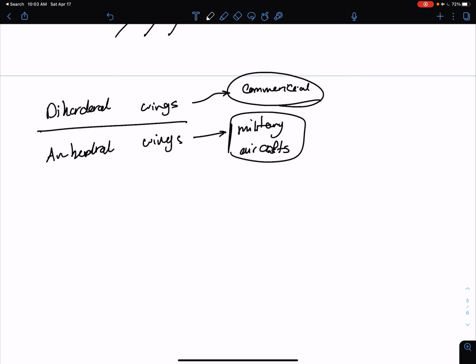The anhedral angle for commercial aircraft is usually not that big, but it is there, and because of a high aspect ratio, its effects are actually important.